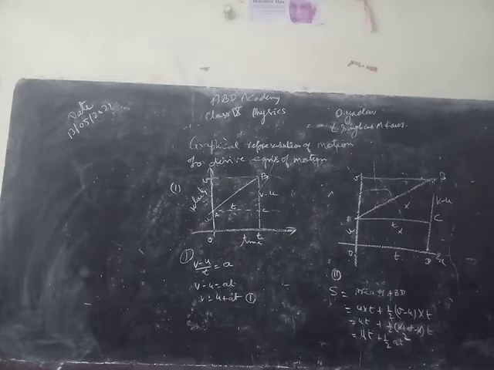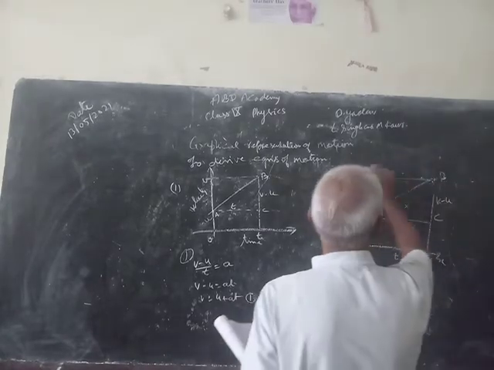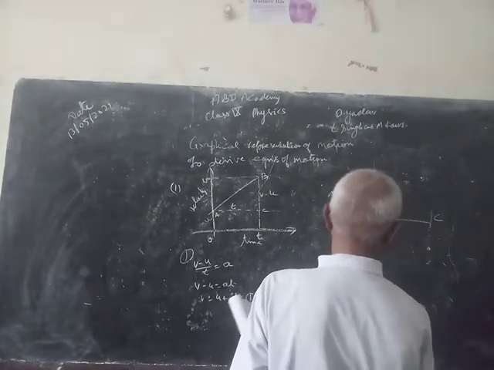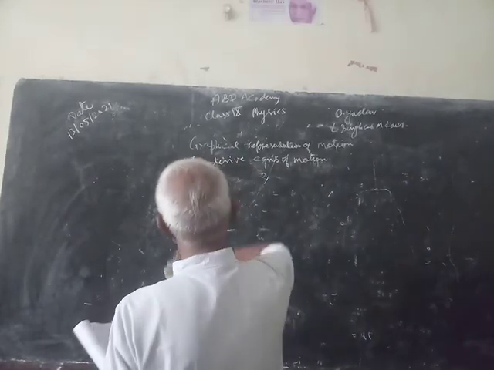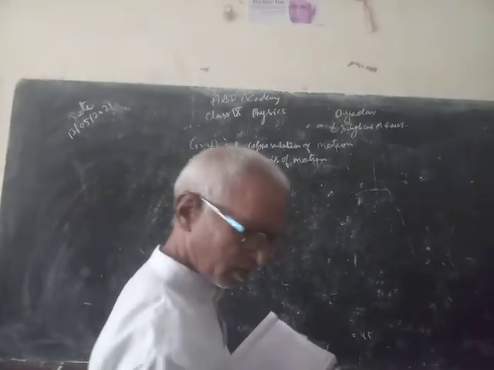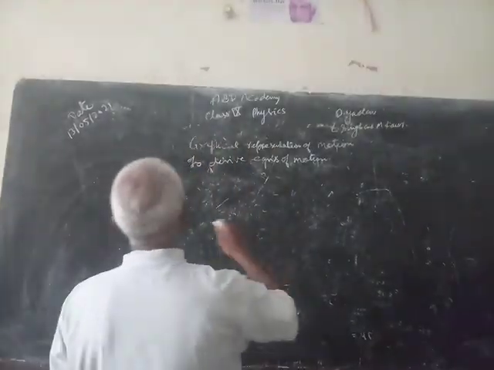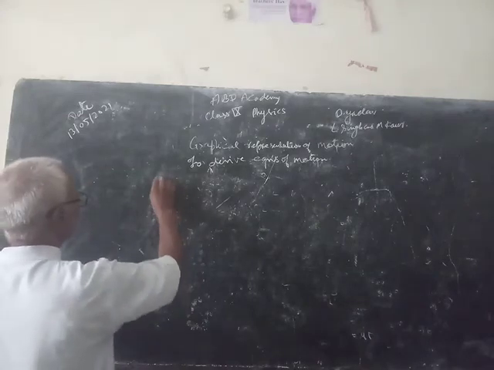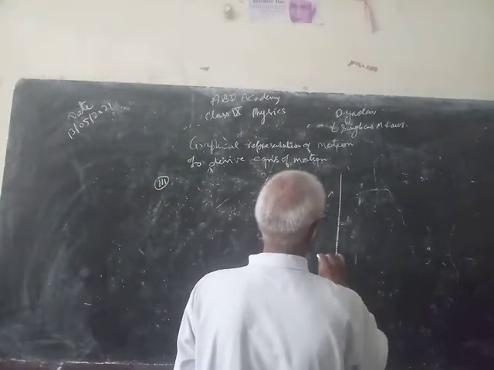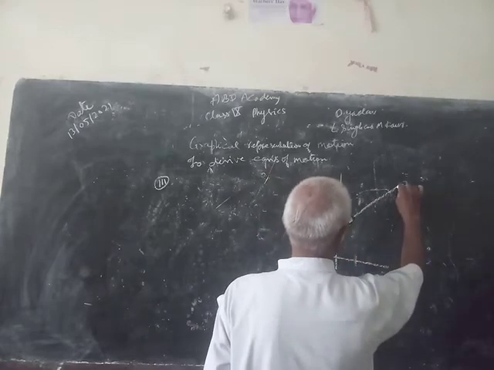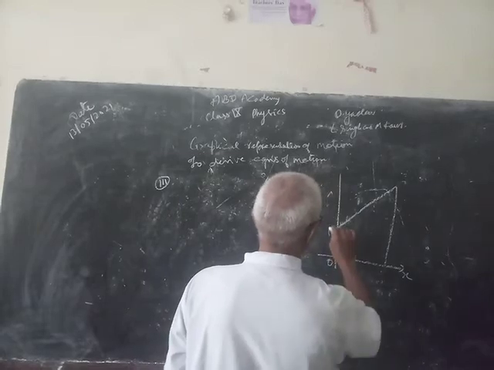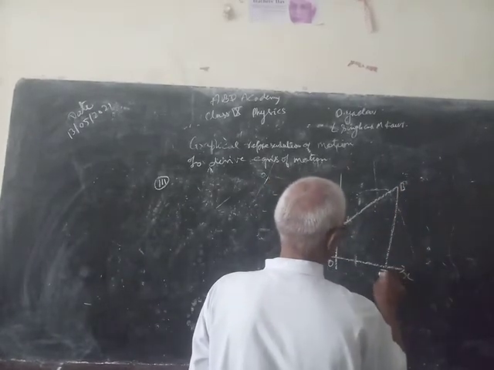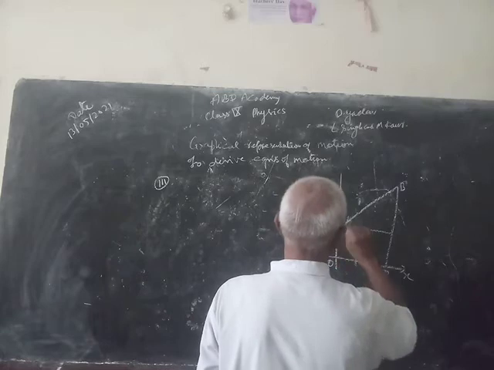So let us rub both of these things, and with a fresh figure we shall derive the third one. The motion will be similar. Here is this motion, this is time, this is the x-axis, O, A, B, here is D, this is U, here is V.